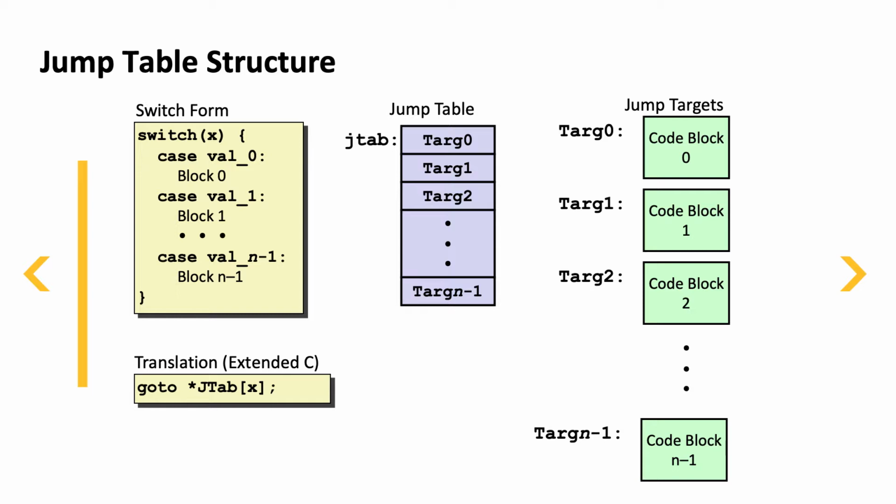And what we'll do is, for those cases, we'll translate those into a Goto, where we'll say Goto and then go over to the jump table to the index that corresponds to the value of the variable that the case matches, and we'll go to the address in memory that's reflected in the jump table, right? So the jump table holds our addresses. We're just going to go to the appropriate index within the jump table, find our address there, and then jump out to those targets and execute the code, because that's where those code blocks live.